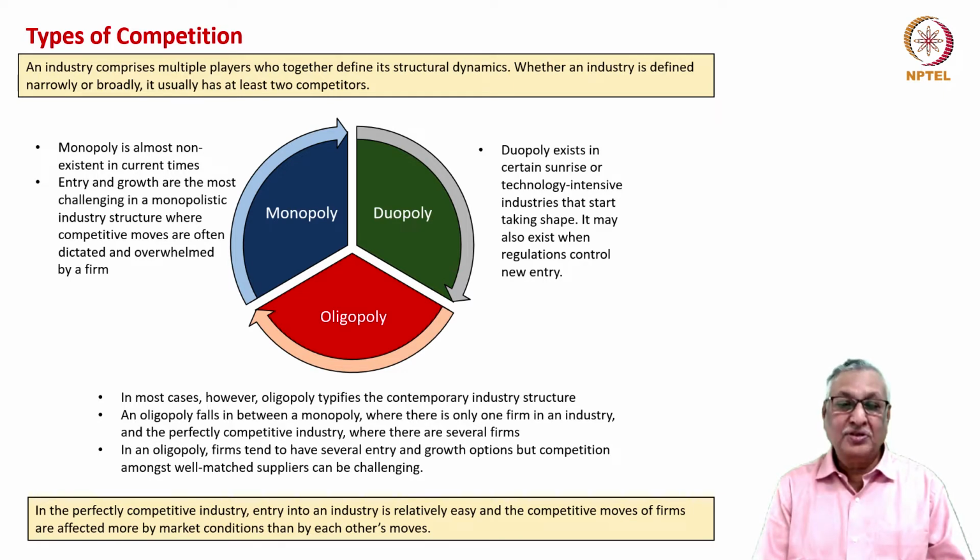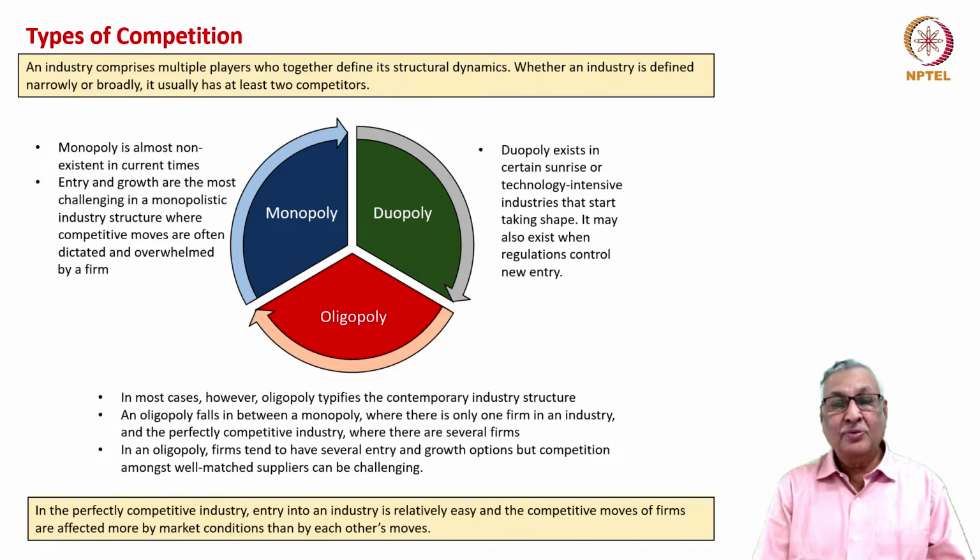Oligopoly means presence of a number of competitors in an industry. An oligopoly falls in between a monopoly, where there is only one firm in an industry, and the perfectly competitive industry, where there could be several firms. In an oligopoly, firms tend to have their own entry and growth options, but competition amongst well-stabilized, well-positioned suppliers can be challenging.